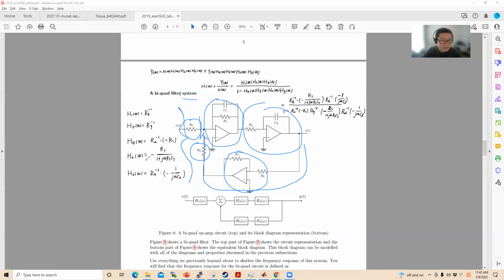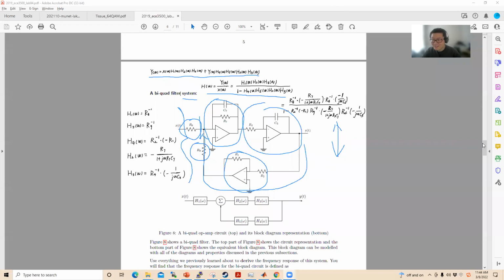I have helped you define these individual systems here, and if you follow the feedback system rule, you can find our final system response should be like this. And then if you replace this individual system response with this equation, finally you can get the correct final system response.